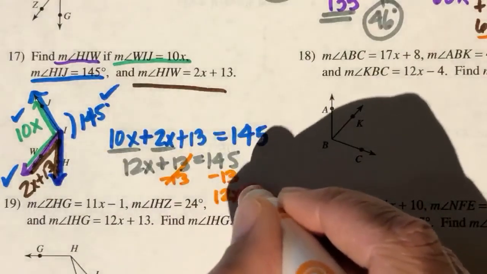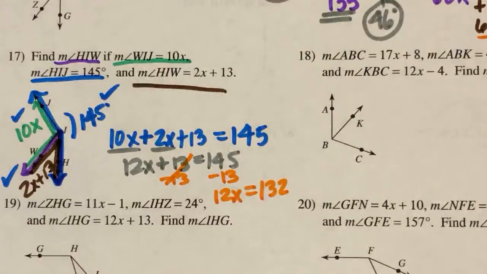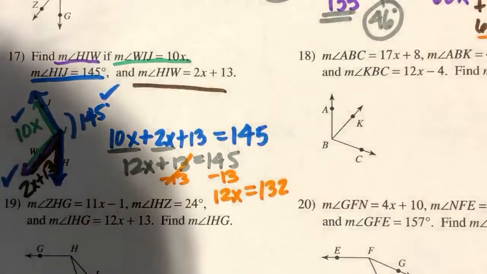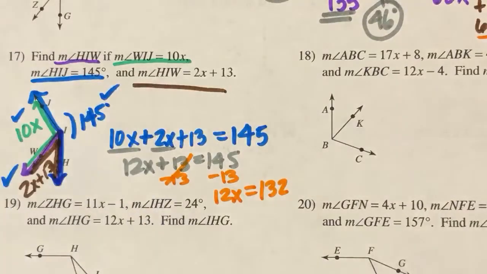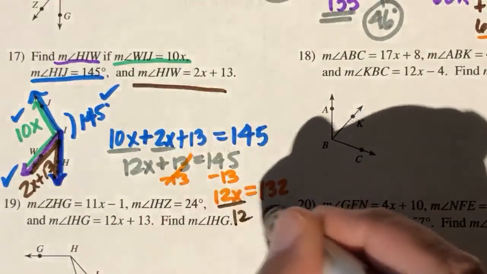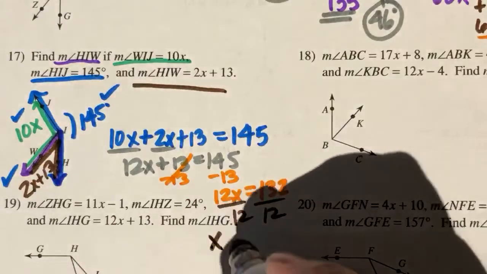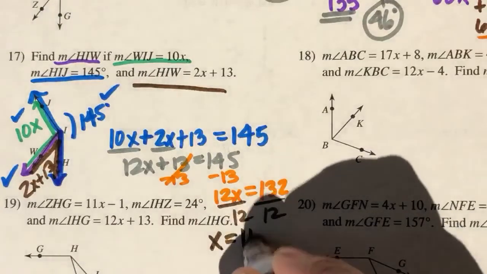That leaves me with 12x equals 132. All I did was subtract the 13 over. Now I'm dividing both sides by 12, and I get x equals 11.